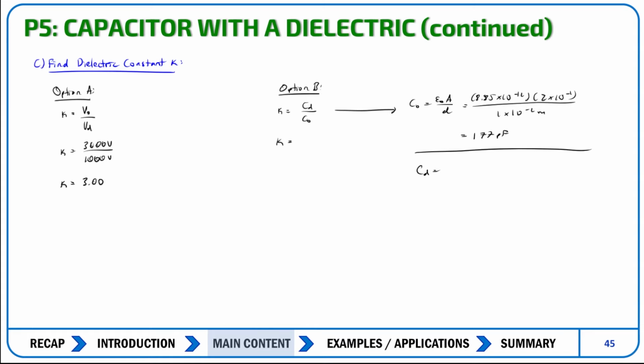For C_D, you have epsilon naught A over D. Actually, no, sorry, don't want to do the same thing. We have to figure out how much it's actually changed. So we actually have Q over V_D, another way to solve for it. Q doesn't change, so Q is equal to V naught C naught, because C naught is equal to Q over V naught, over V_D, which is 1,000.